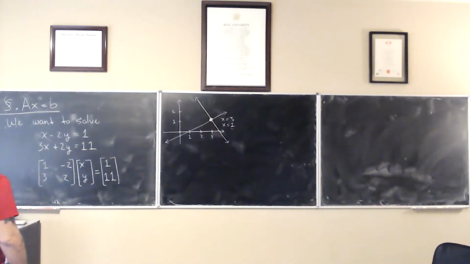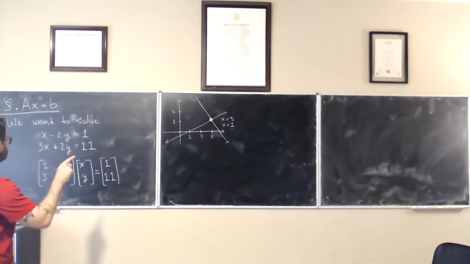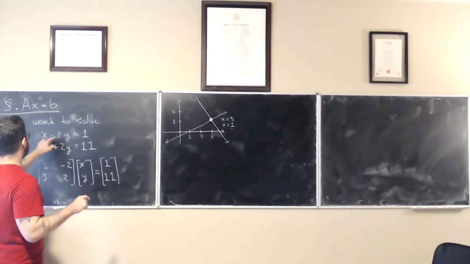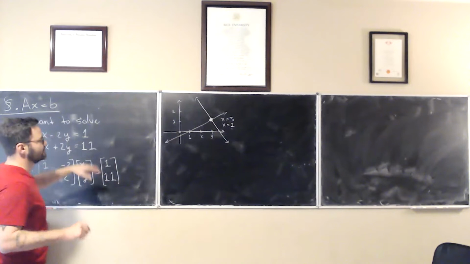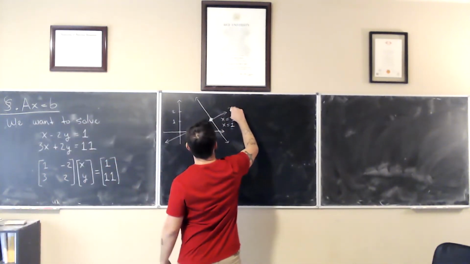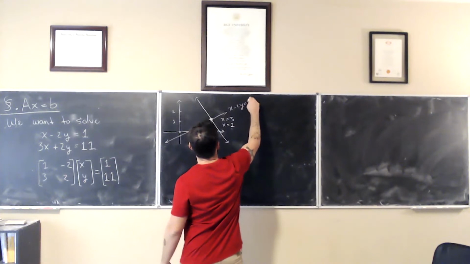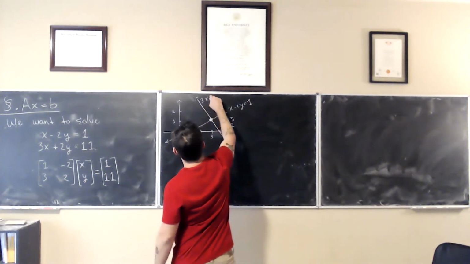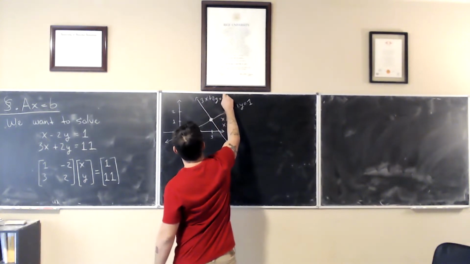Did I draw my picture wrong? I'm really annoyed at that picture for some reason. Something's off. When y is 0, x is, okay, no, it's good. This line is x minus 2y equals 1, and this line is 3x plus 2y equals 11.